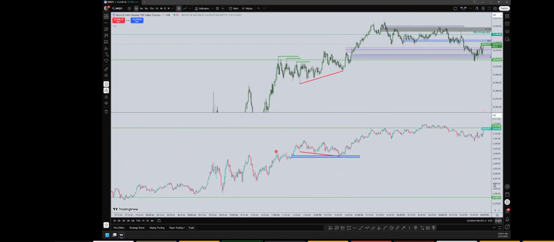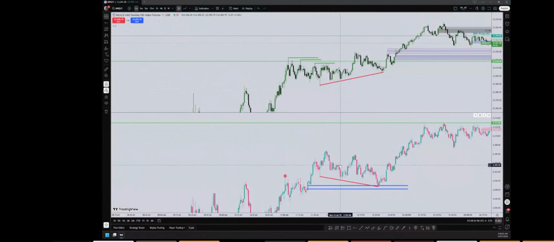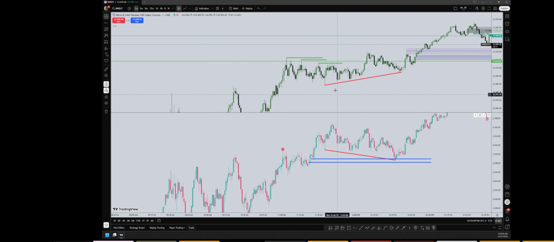Finally, once this buy side was taken, ES was creating higher highs and higher lows, and NQ was creating lower highs and lower lows. That's the false thing, right? That's not the right thing, because NQ should be creating higher highs and higher lows, while ES can create lower highs and lower lows. So what it did, it corrected. What happened here? It started creating lower highs and lower lows.